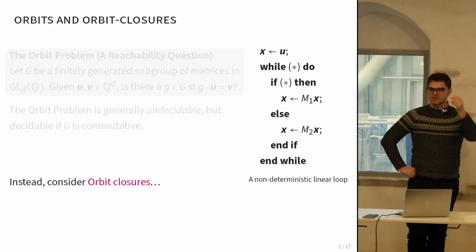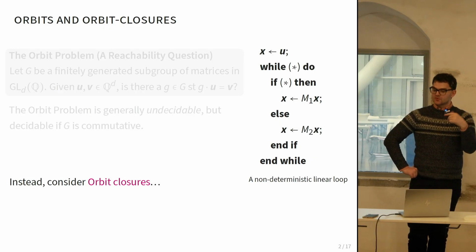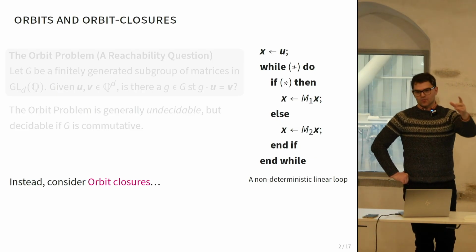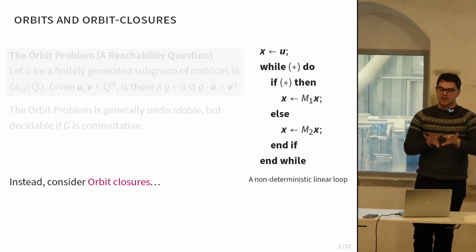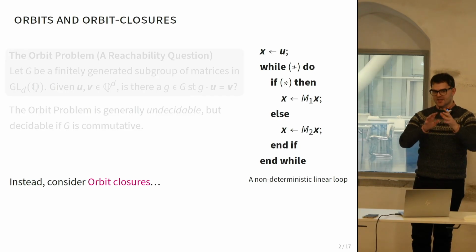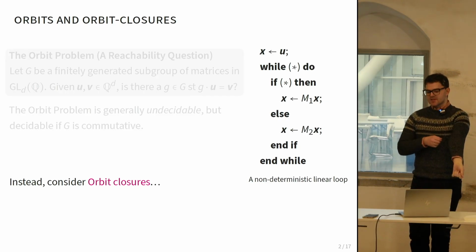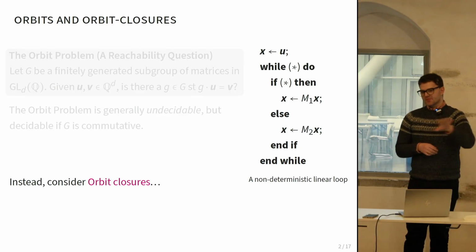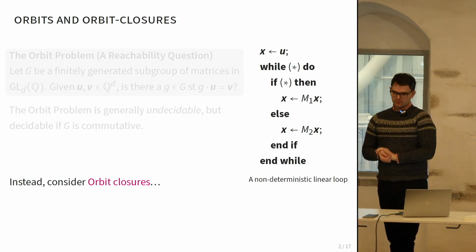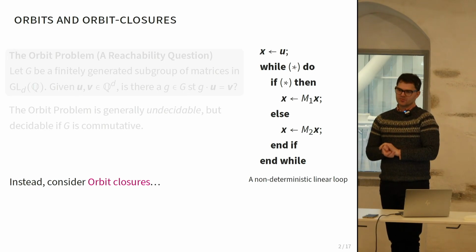You can evaluate these asterisk symbols as either true or false non-deterministically, and within each iteration of the loop, your branch is either going to pick a linear update, so you're taking a vector and updating it by matrix 1, matrix multiplication against a vector, or you're updating it with matrix 2. And we don't really care about the termination of the loop in particular, we're just interested in how it's running.